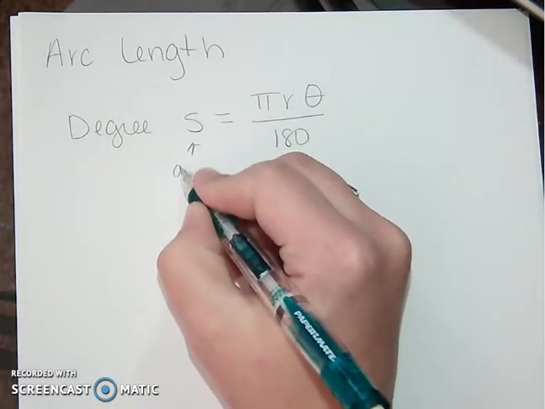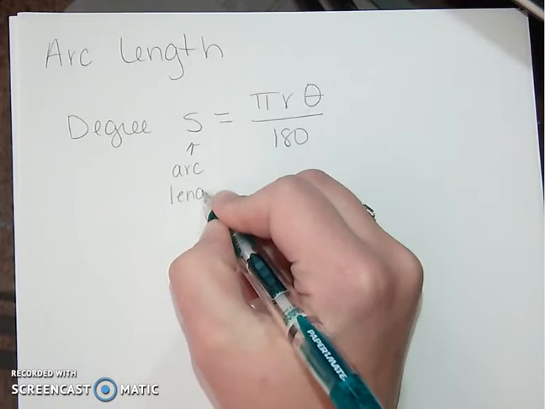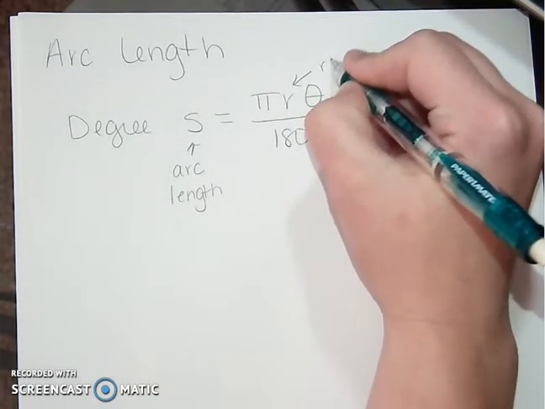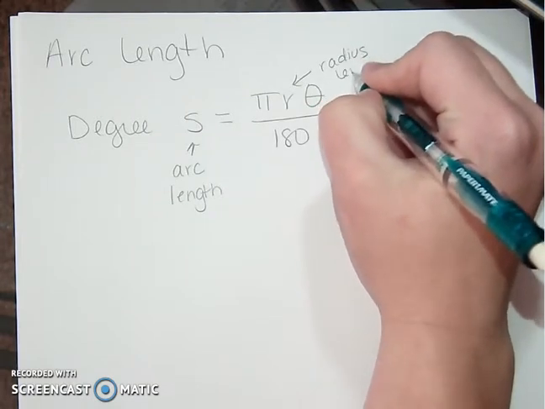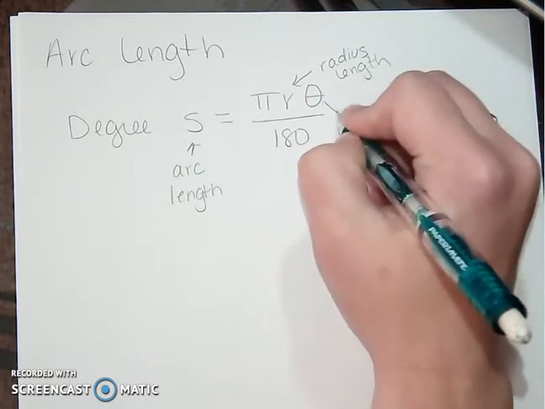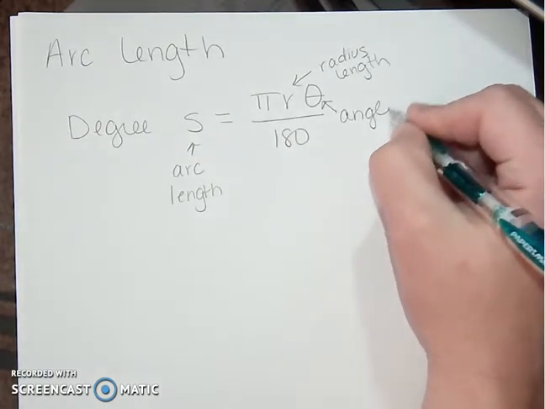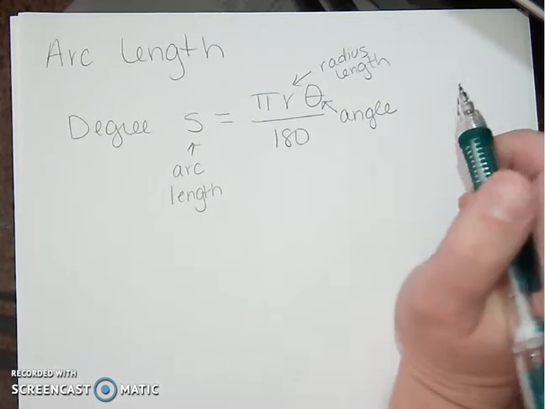S is my arc length. Pi is just pi. R is the length of my radius. Theta is the Greek letter that we let represent angle. And then 180 is 180.